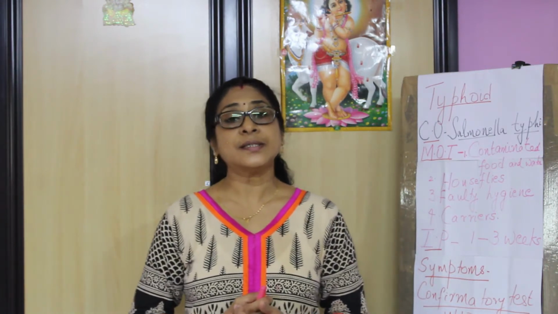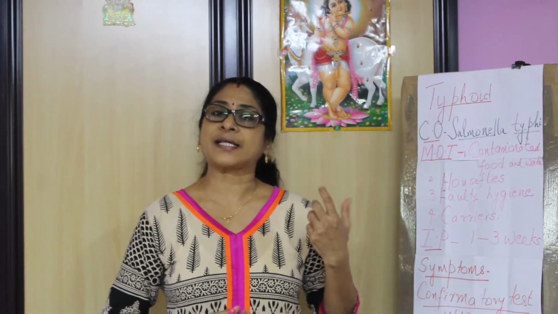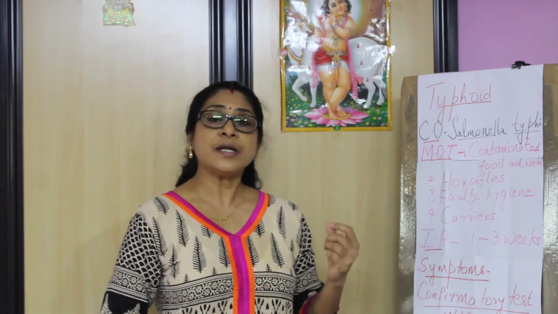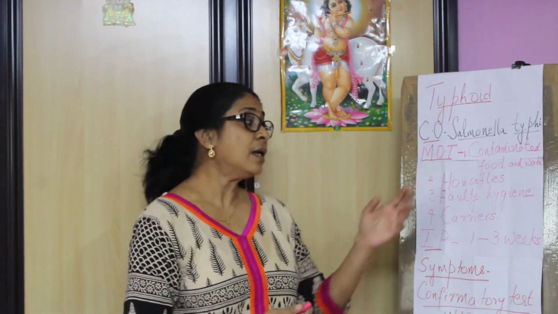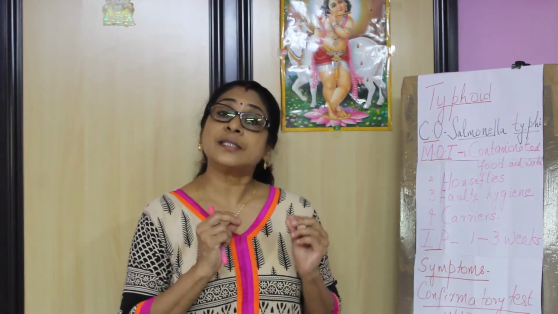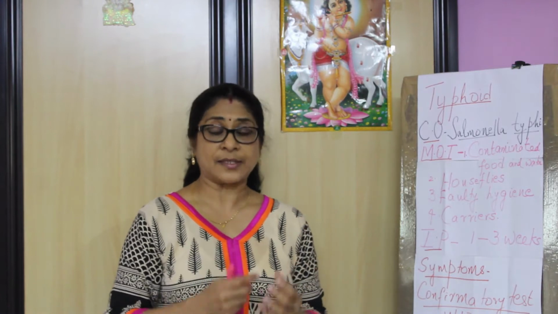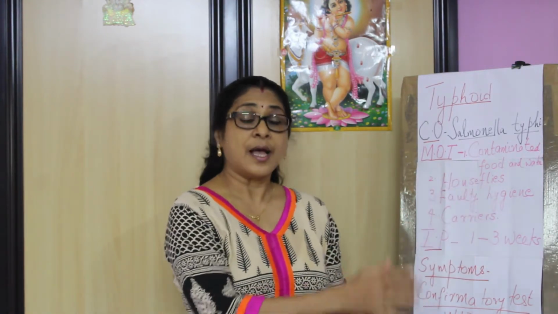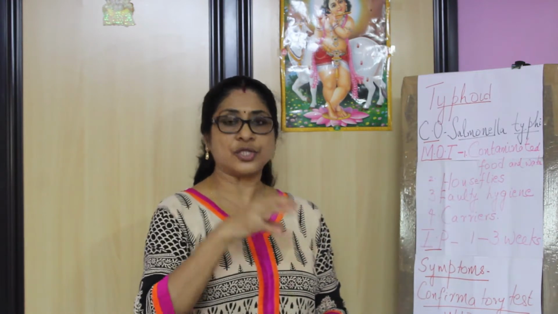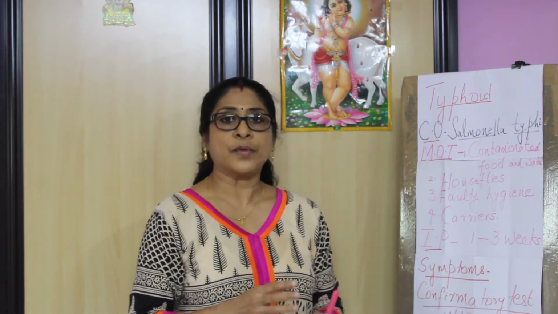When a person consumes contaminated food or water which contains these bacteria, the infection definitely spreads from one person to another. It can also be spread through food contaminated by houseflies. Suppose houseflies go and visit a contaminated site and the housefly or the cockroach comes and visits our home. Definitely there are chances of the disease spreading from one person to another.